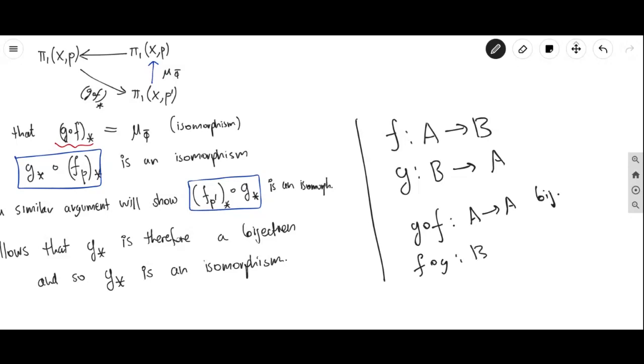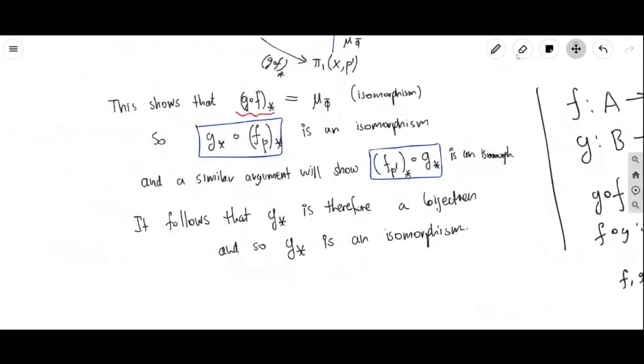And if you do it the other way, it's a mapping from B to B, and it's a bijection. Then F and G are bijections also.